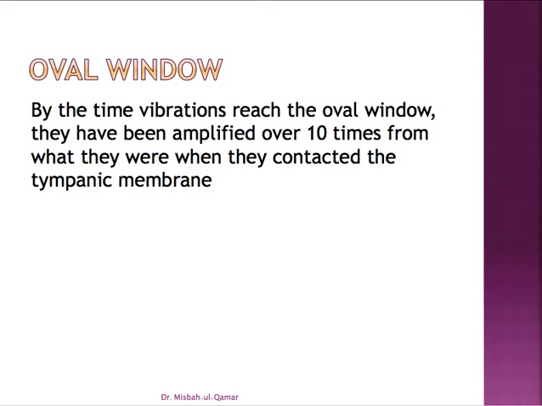This oval window is an intersection of the middle ear with the inner ear, and as I already told you, it is directly contacted by the stapes. So by the time the vibrations reach the oval window, they have been amplified over 10 times from what they were when they contacted the tympanic membrane.